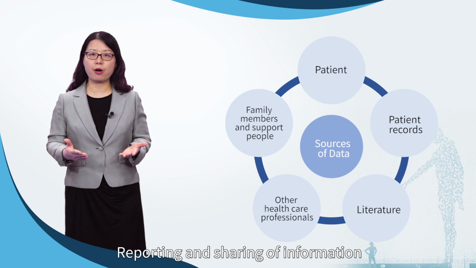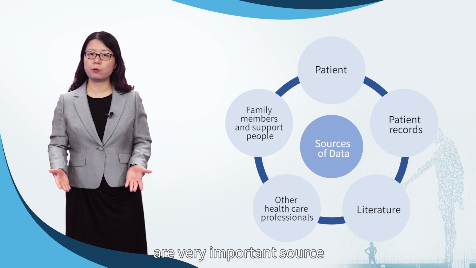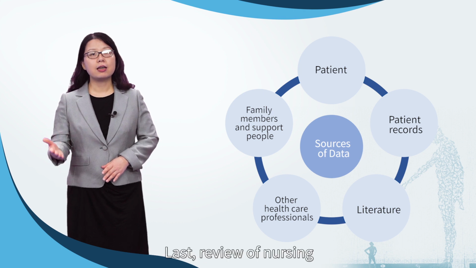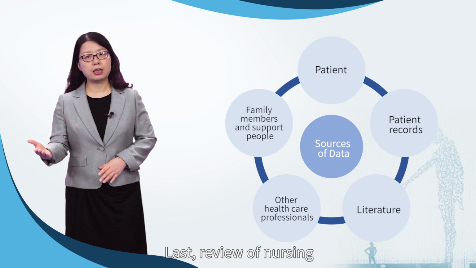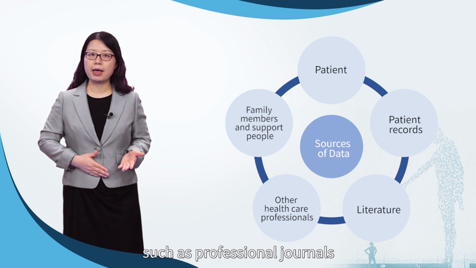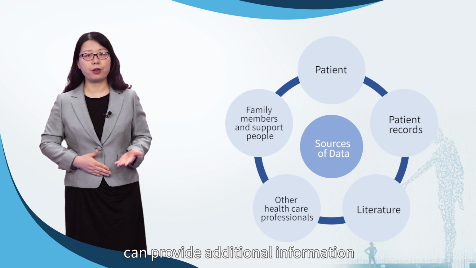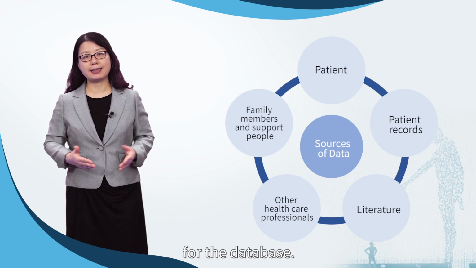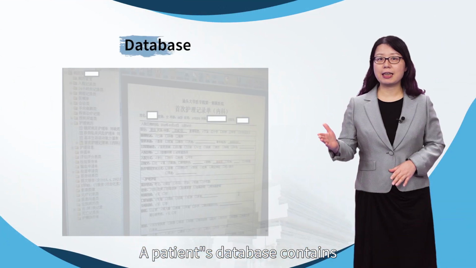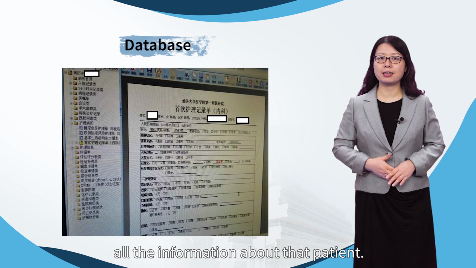Reporting and sharing of information among professionals are very important source of the data. Last, review of nursing and related literature such as professional journals and references texts can provide additional information for the database. A patient's database contains all the information about that patient.